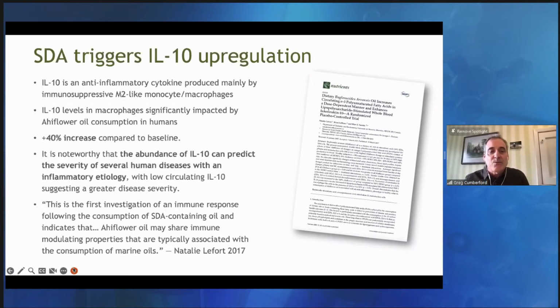And they were good to point out that this was the first investigation of its kind that showed this sort of immune modulating response following the consumption of ahiflower oil. So they're suggesting that it could share immune modulating properties that are typically associated with marine oils.